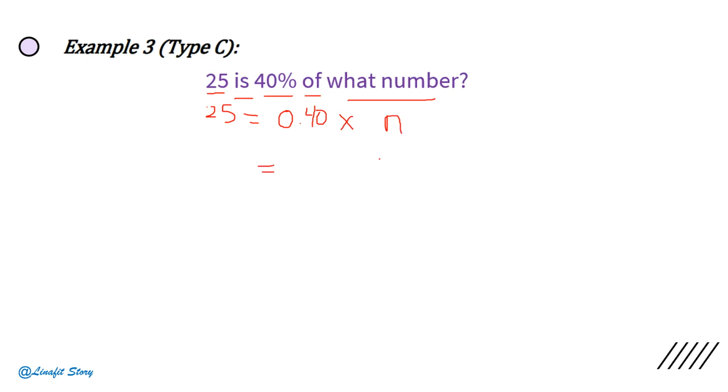Then how to get n? n equals 25 divided by 0.40. So n equals 62.5. So 25 is 40% of 62.5.